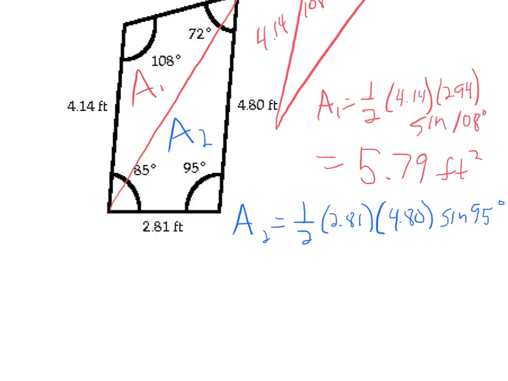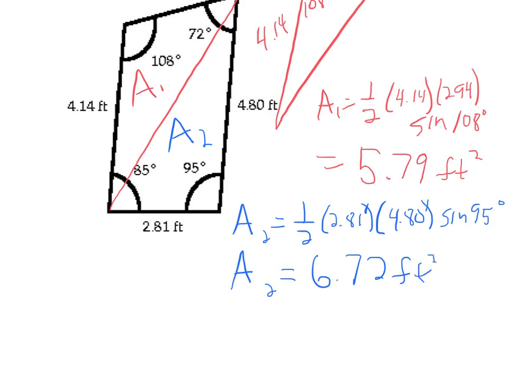It's side, angle, side. So you use two sides and sine of the angle in between, and don't forget your 1/2. And also feet and feet to get square feet. So when we multiply these together, we get A2 equals 6.72 square feet, rounded to the nearest hundredth.